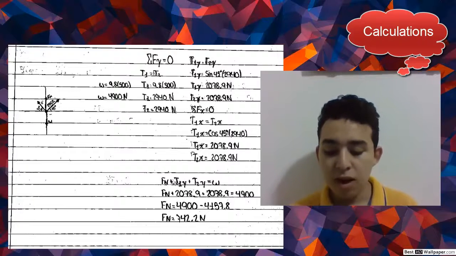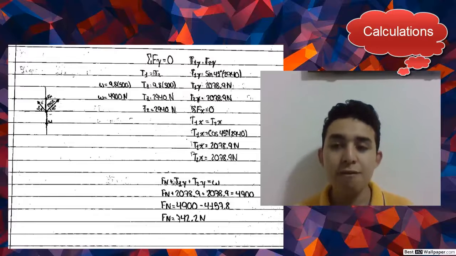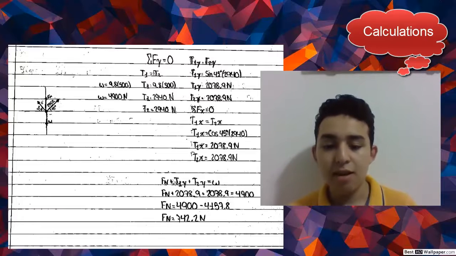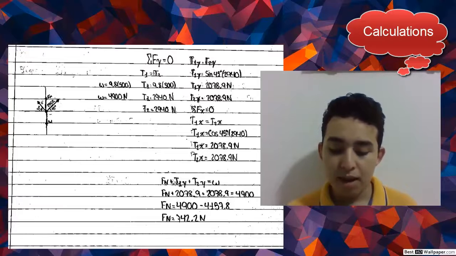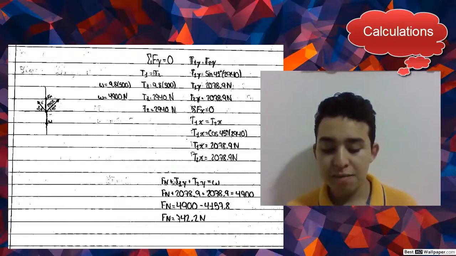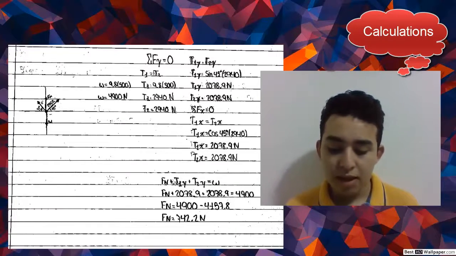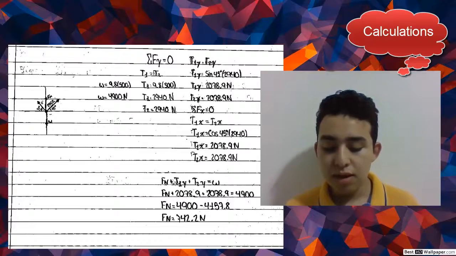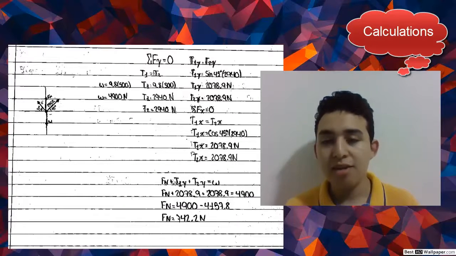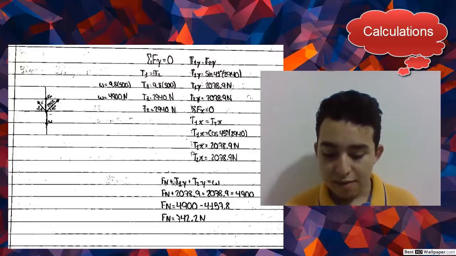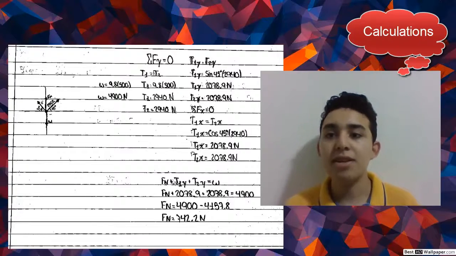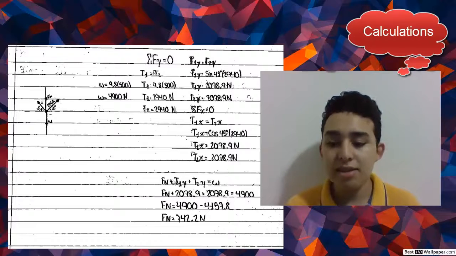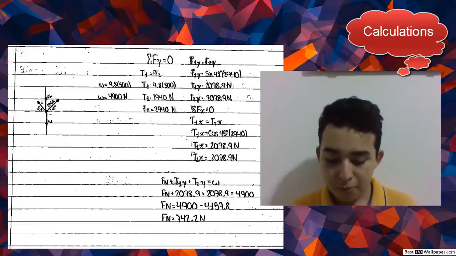And the tension in Y is the sine of 45 degrees, that is our angle of inclination, multiplied by the tension. This gives us 2,078.9 newtons. The tension in X is the same because sine of 45 and cosine of 45 have the same value.